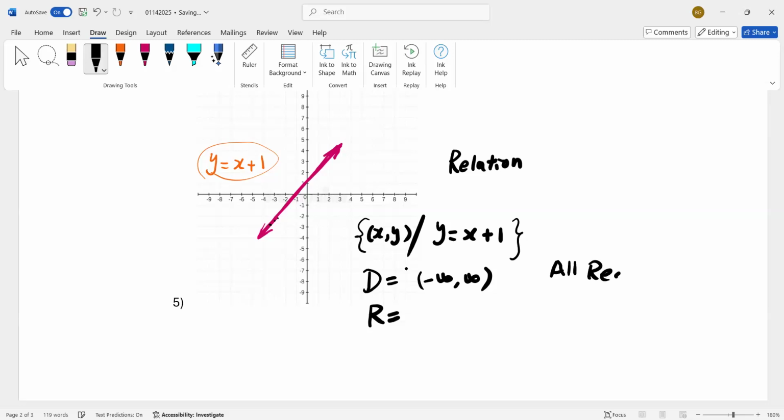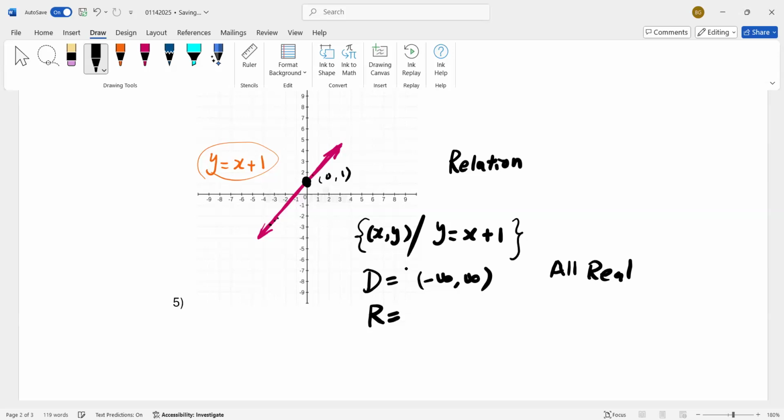All real. If you think about this point, you agree this point has x value 0. This point is actually (0, 1). It does have x value 0, so it means 0 is in the domain, right?